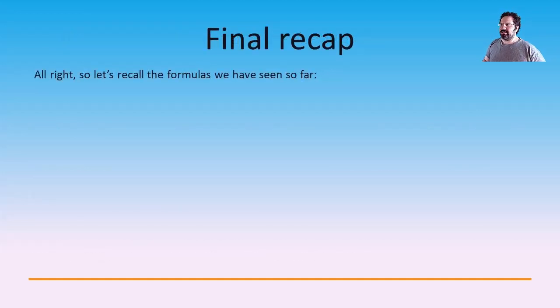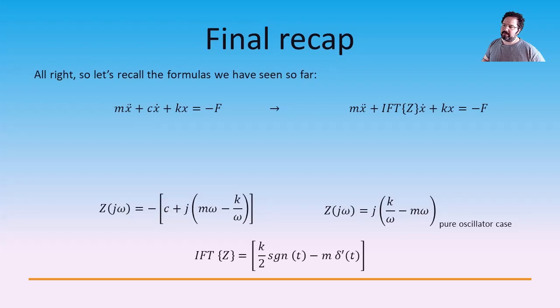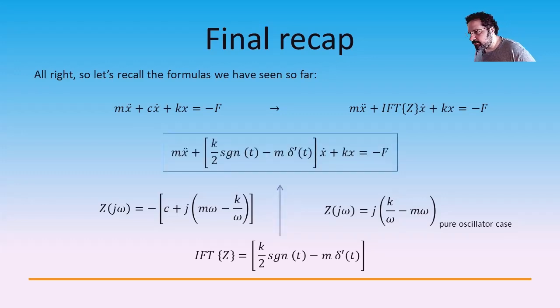So, final recap. Let's recall the formulas we have seen so far. The equation of motion with the inverse Fourier transform of zeta. Zeta is this formula. In case of the pure oscillator, there's no damping coefficient, so the inverse Fourier transform becomes this relationship in the time domain, and hence the final equation of motion in time domain is this one for the pure oscillator without damping, the real part, the damping coefficient.